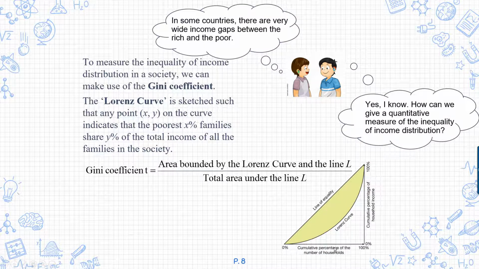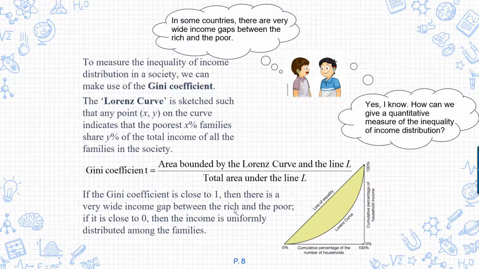This curve shows the x-axis as the cumulative percentage of the number of households, and the y-axis representing the cumulative percentage of household income. This is a very fair application of integration, but before we apply integration in real life, we must know how exactly integration can be applied to get the areas under the curve.